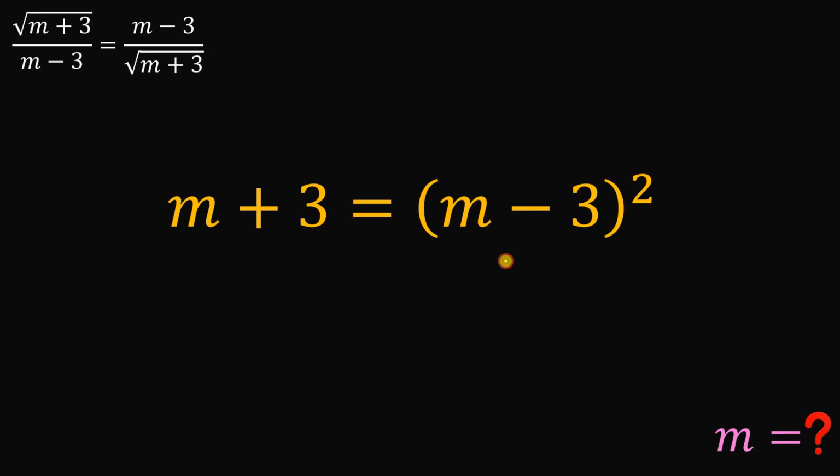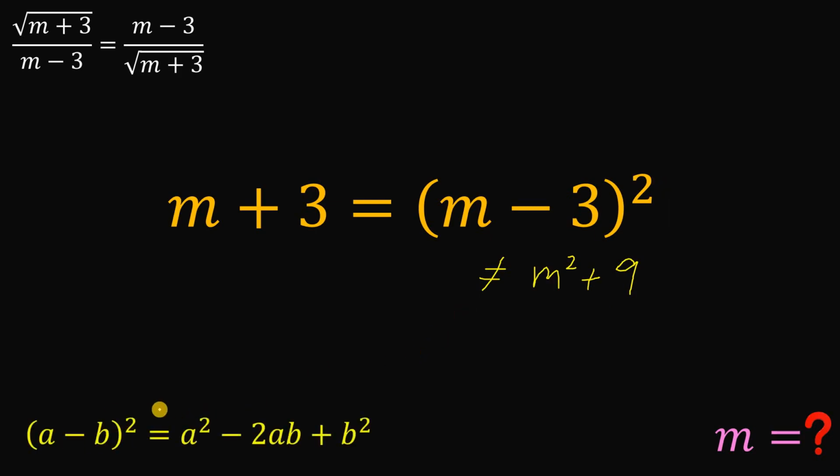Take note, m minus 3 raised to the power of 2 is not equal to m squared plus 9, because if we expand a minus b raised to the power of 2, this will give us a squared minus 2ab in the middle term plus b squared.